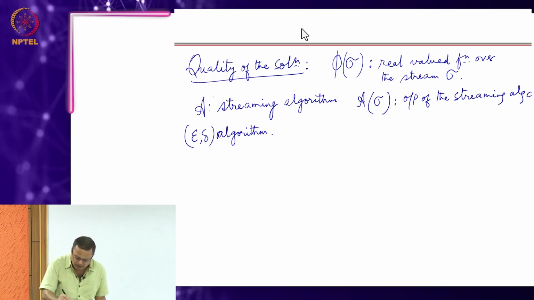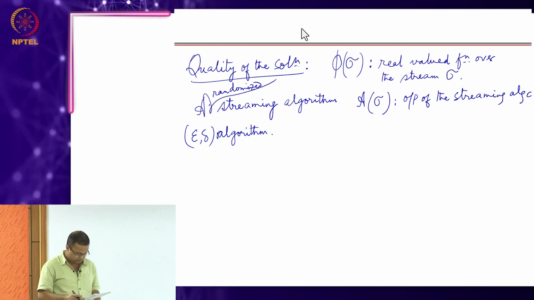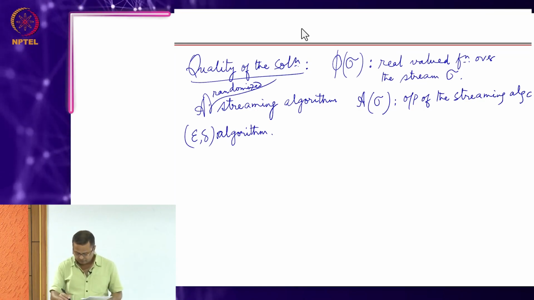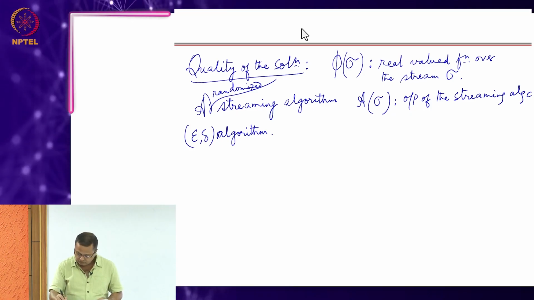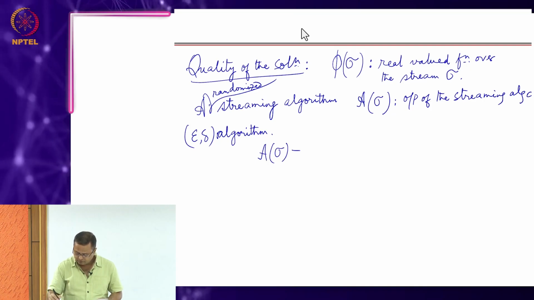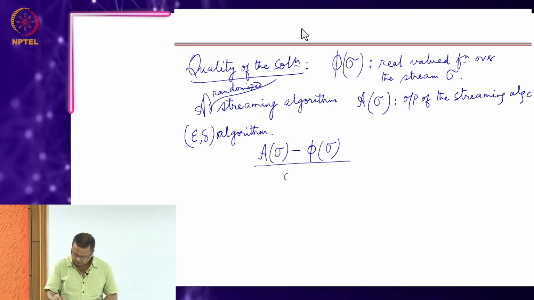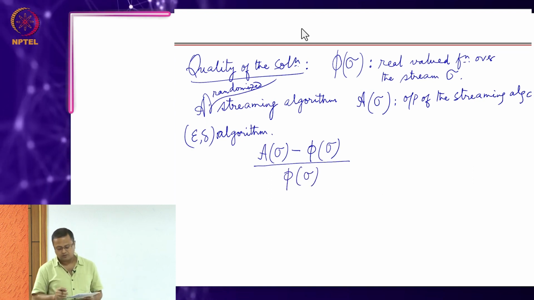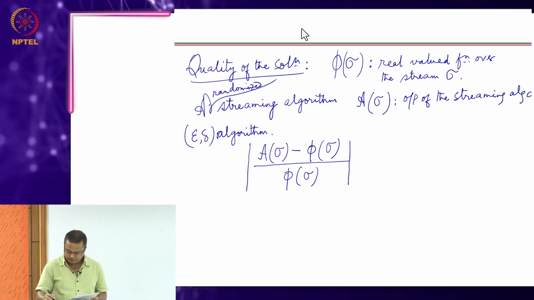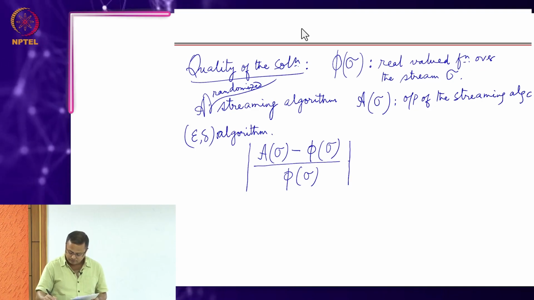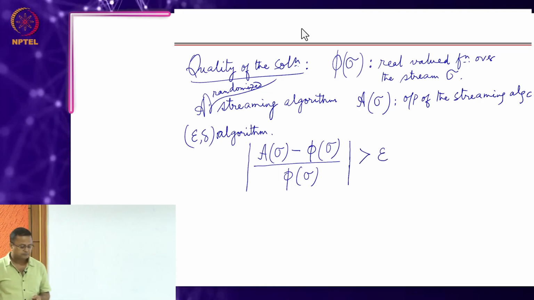So, make a comment that for most of the cases this would be a randomized streaming algorithm. So, this is the error.